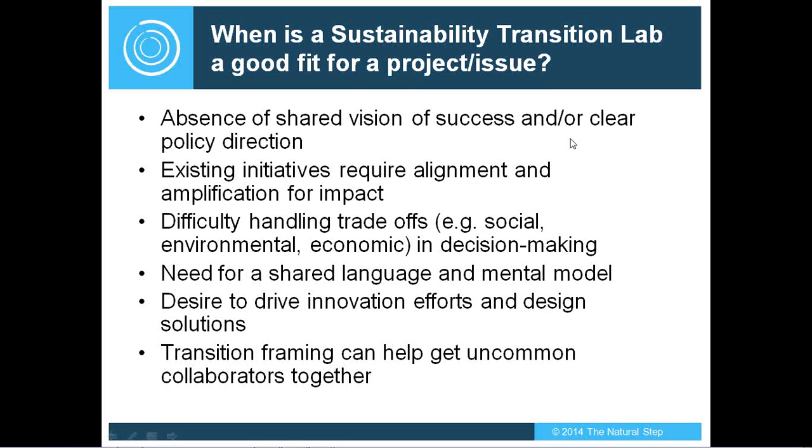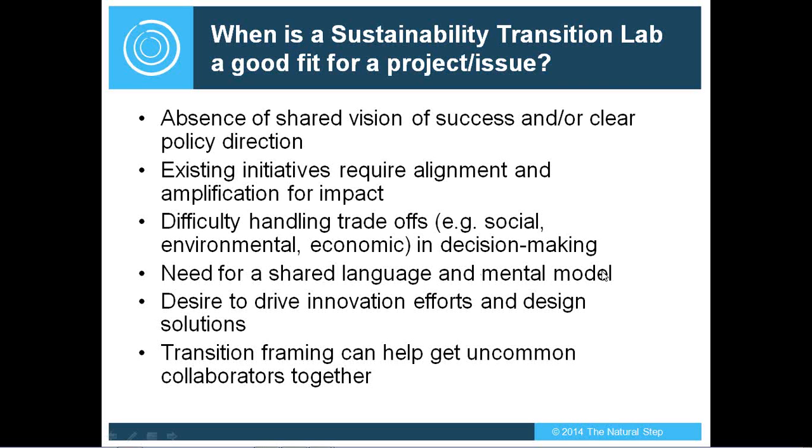Of course, there's a need for a shared language about sustainability or about the issue, and a shared mental model, and if there's a desire to really drive innovation efforts and design solutions with a sustainability lens. That last bit isn't added in the bullet point, but the innovation and the design should be inspired by sustainability principles.